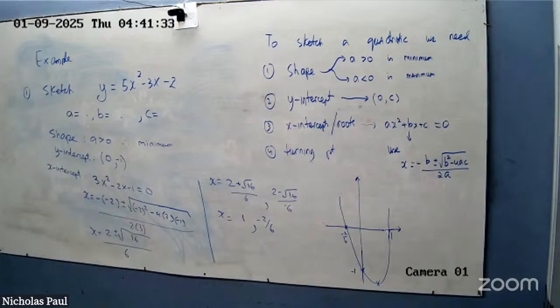5x squared minus 3x minus... You do number 1. You do that question there and find steps 1, 2, and 3.